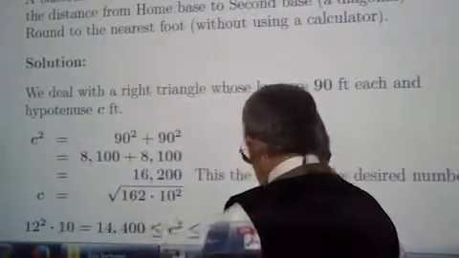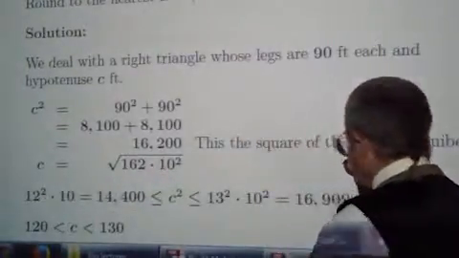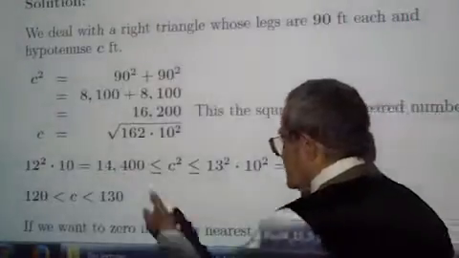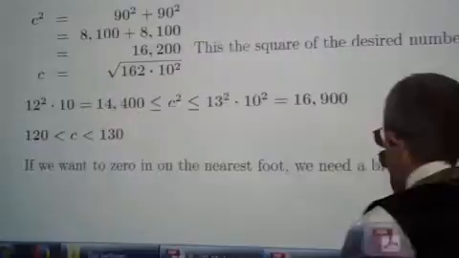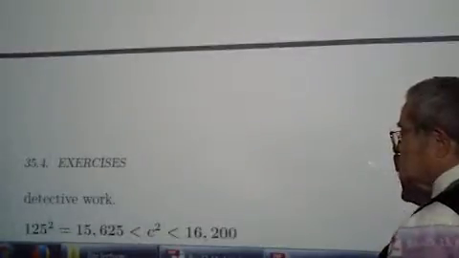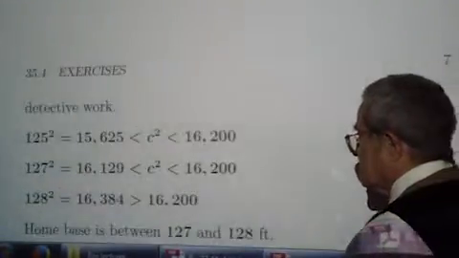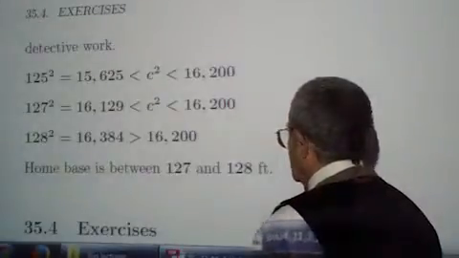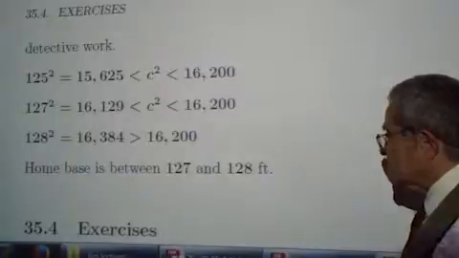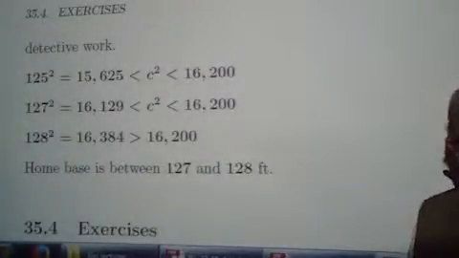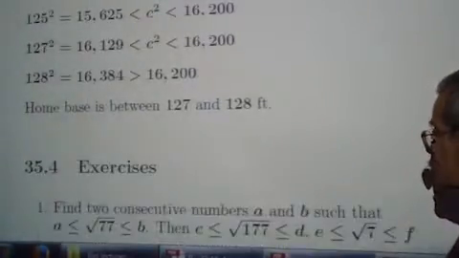C is the square root of that, which is somewhere between 120 and 130. If you refine that, you come out with about 127 or 128 feet.